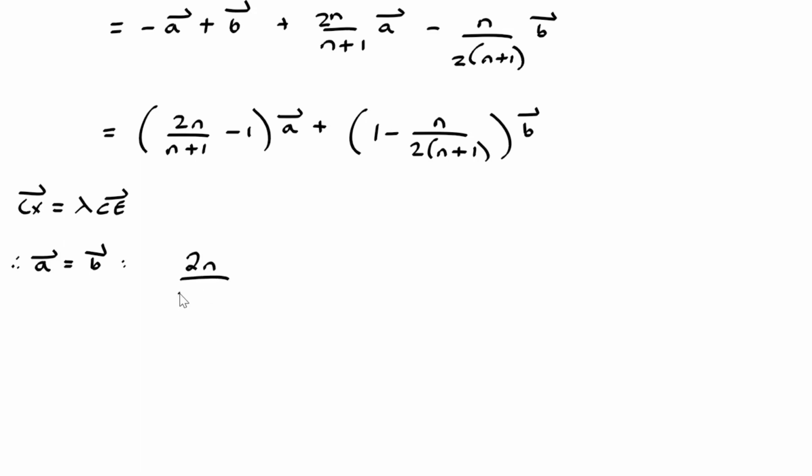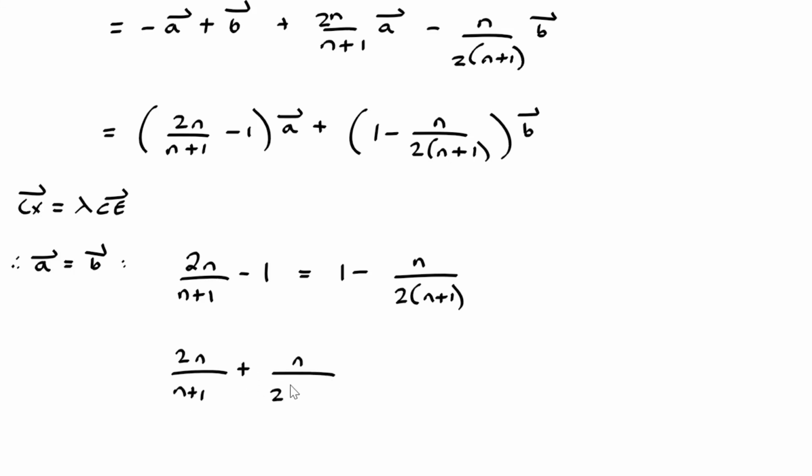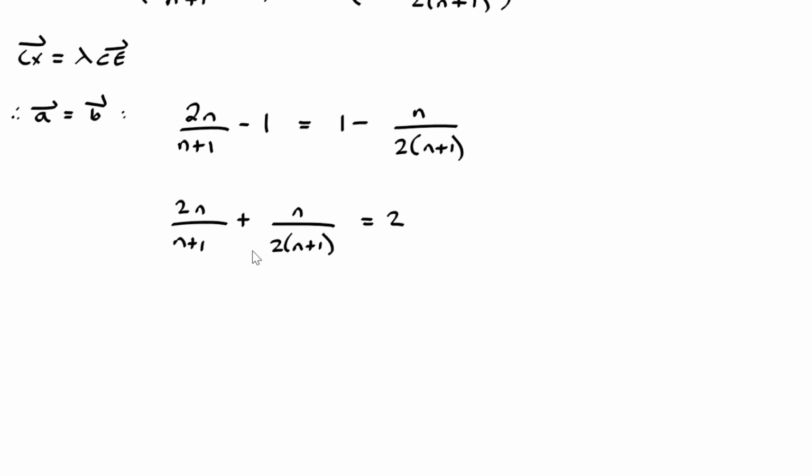So if we set the A component equal to the B component, we have 2n over n plus 1 minus 1 equals 1 minus n over 2 lots of n plus 1. And if I simplify all this, we have 2n over n plus 1 plus n over 2 lots of n plus 1, and that's equal to 2. And if I write this over the same denominator, we want 2 lots of n plus 1.